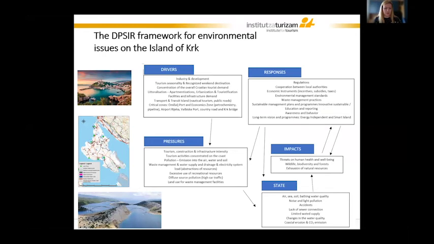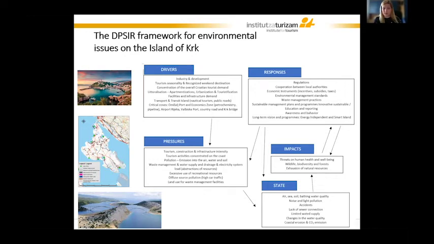And here we come to the final example, the example of the DPSIR framework for the island of Krk. It's an island in the northern Adriatic, the biggest island in Croatia, where we have recognized drivers through different critical zones: transport and transit, islands, littoralization, and concentration of overall Croatian tourism demand.